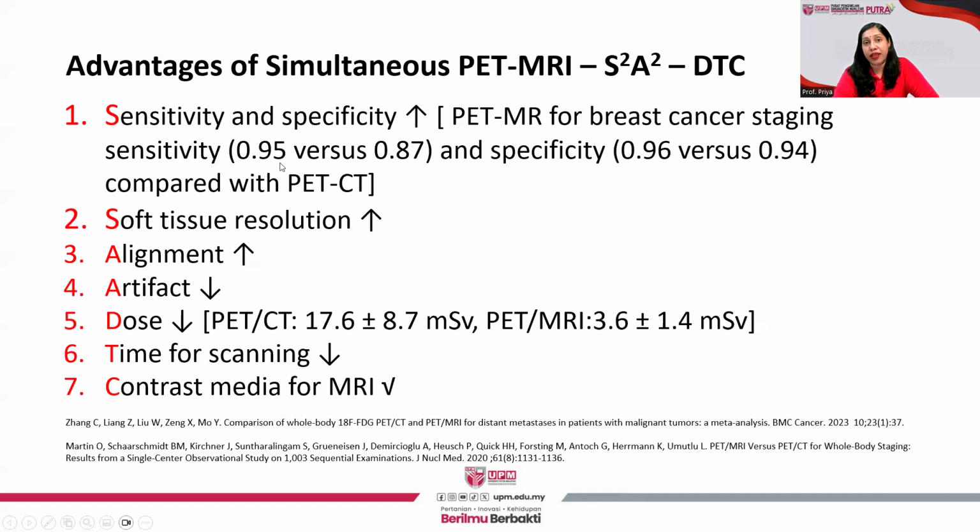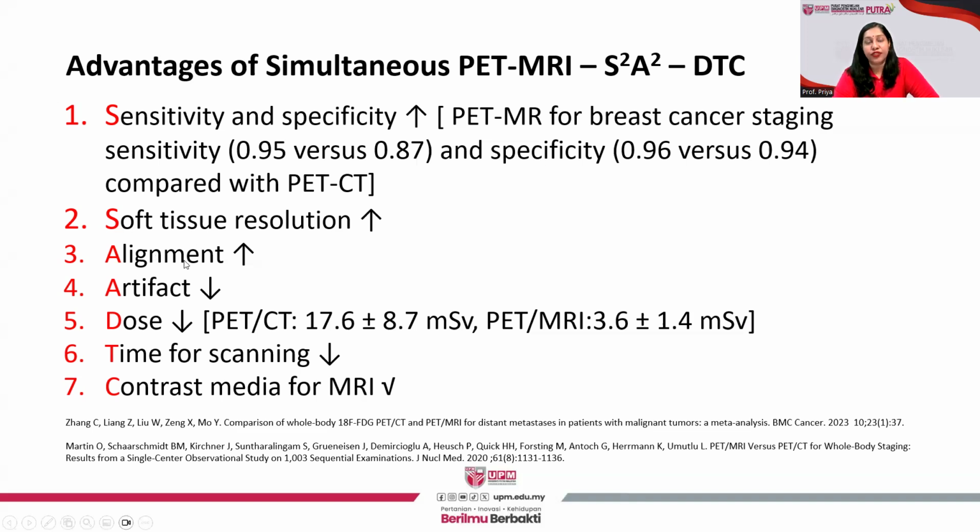So PET-MR has even better sensitivity and specificity compared to PET-CT for the simultaneous acquisition in detection of breast cancer staging. It also has excellent soft tissue resolution for various solid tumors, especially those that are sub-centimeter and difficult to visualize on CT scan.